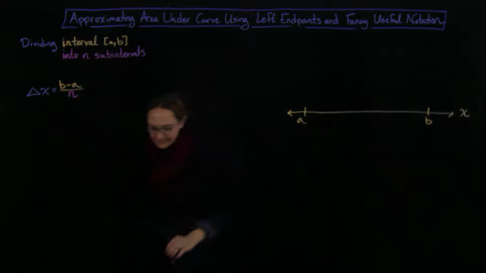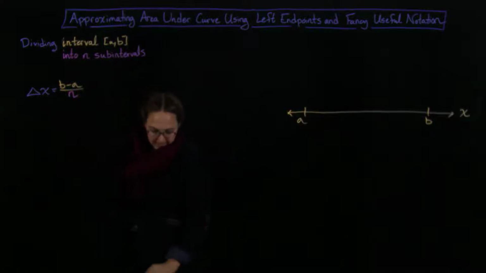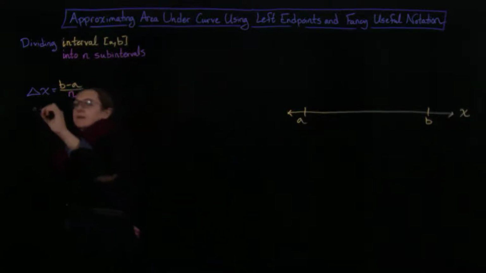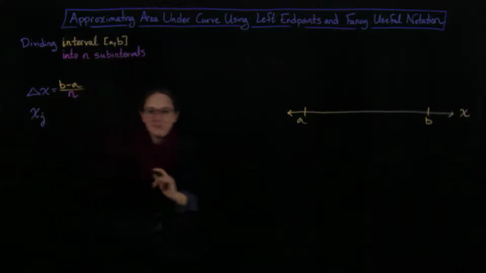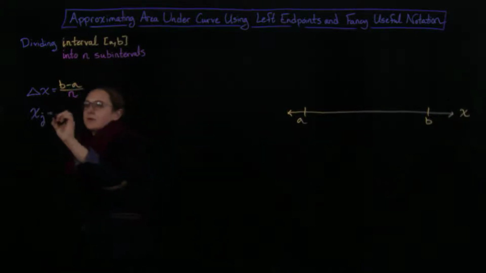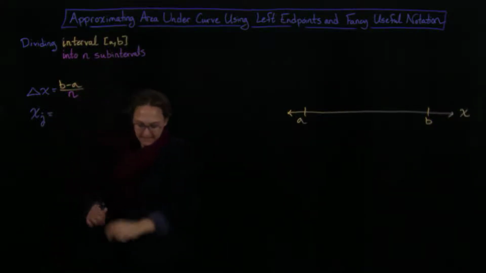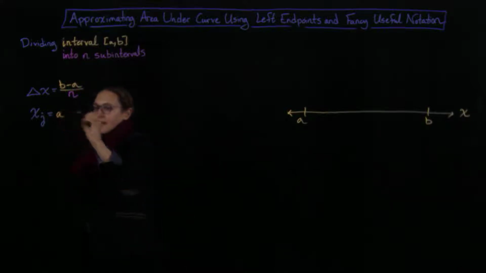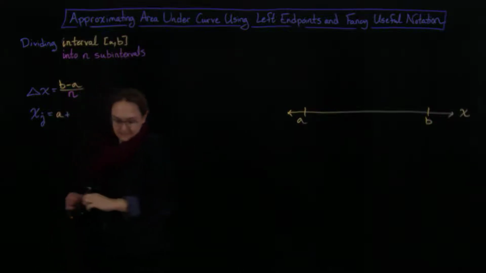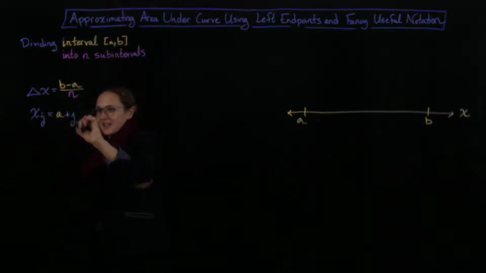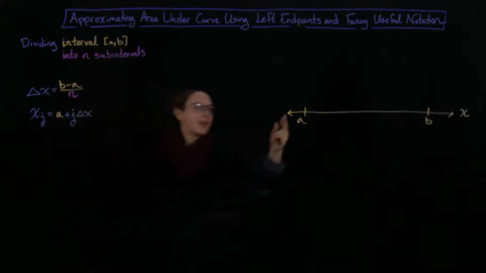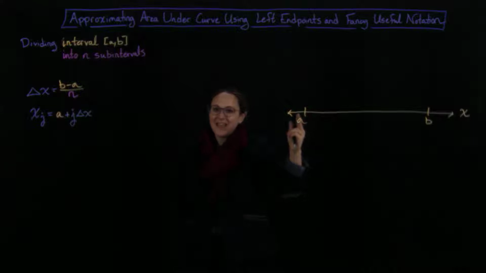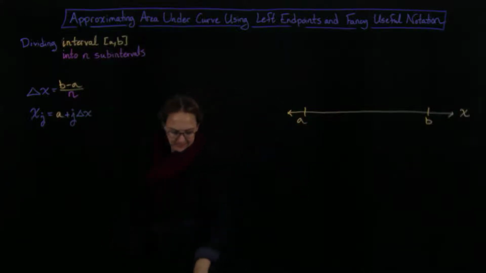We call them xj, and this is going to equal a, plus j times the width, because we have to move over.